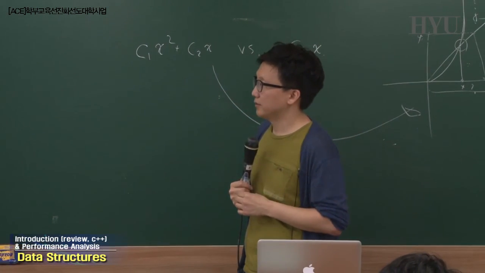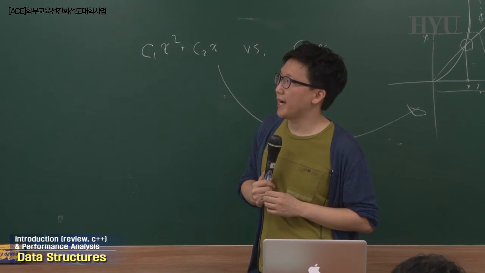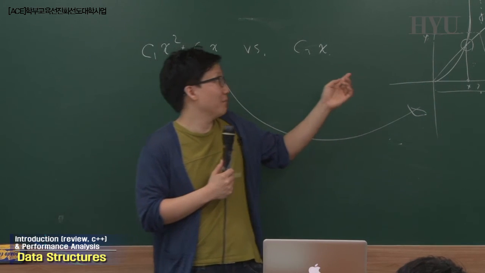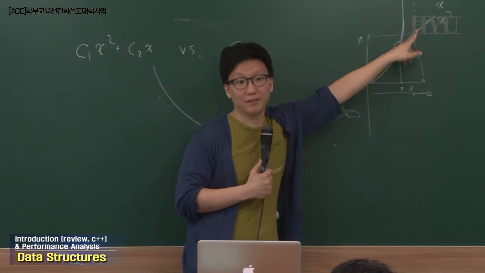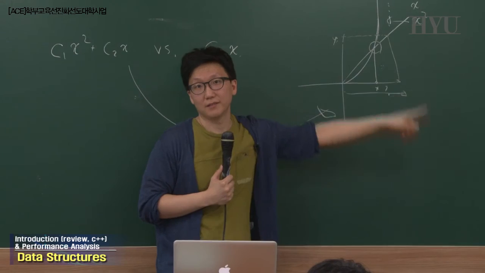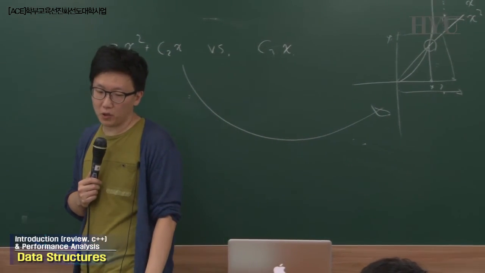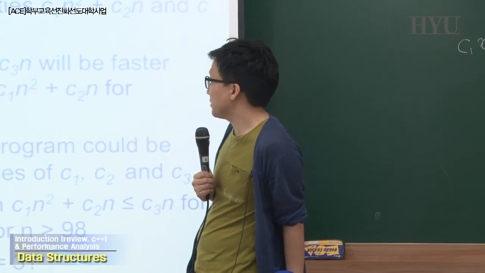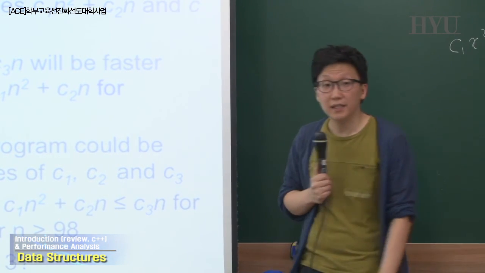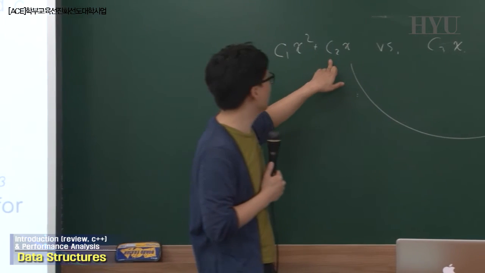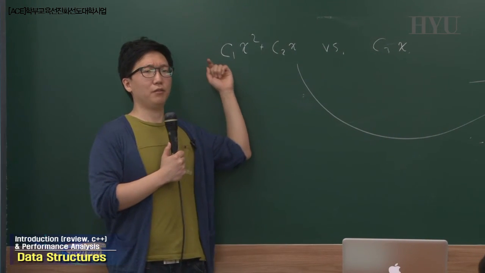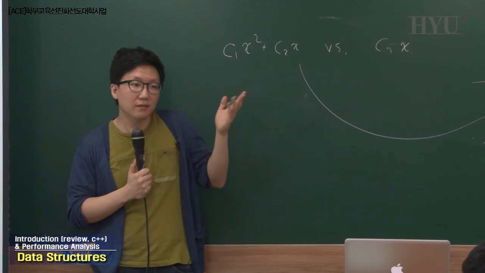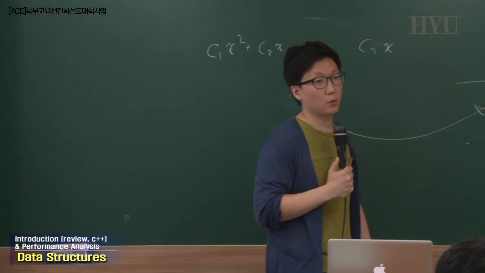So what if I ask you to find the n values where they meet or exceed? Same thing as exceeding after this point. For small values of n, either program could be faster, depending on the values of c1, c2, and c3. If you use maybe 1000 x squared, it's much faster than just normal x squared.